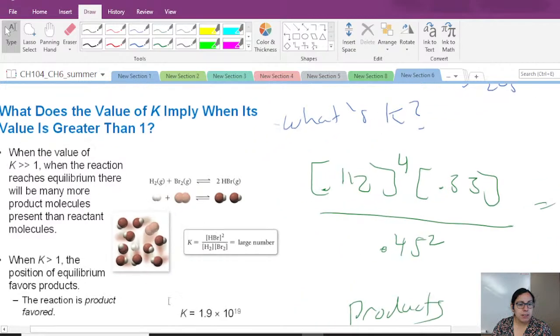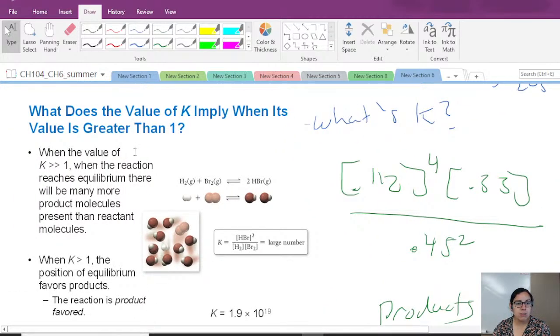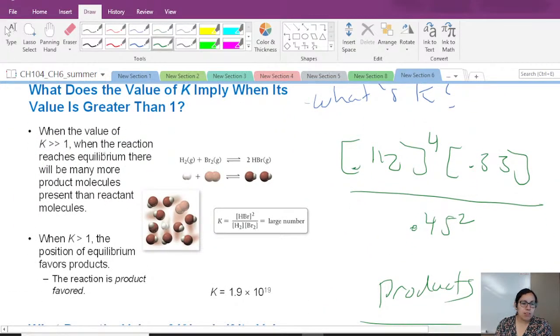And so now we can say, well, if K is greater than 1, or let's say much, much greater, this is kind of a ridiculous example, but if we have H2 plus bromine, it gives us HBr, and this gives us a large number, apparently 1.9 times 10 to the 19th. But yeah, so all we're saying is we have a lot more products to reactants. So basically it pretty much goes to completion.